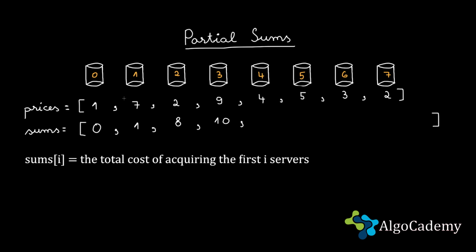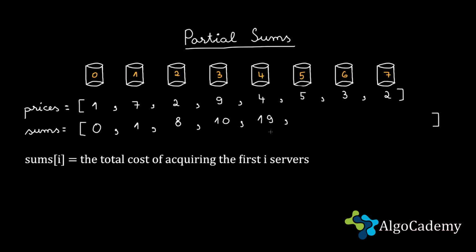The sum of the first 4 integers is equal to the sum of the first 3 integers plus the 4th one, right? And I think I've already computed the sum of the first 3 integers, so I don't compute it again. It is 10, which is sums of 3, to which I will add the 4th cost. So I get a 19.